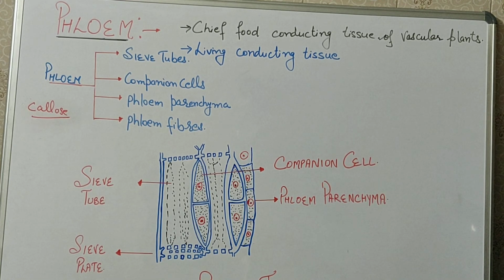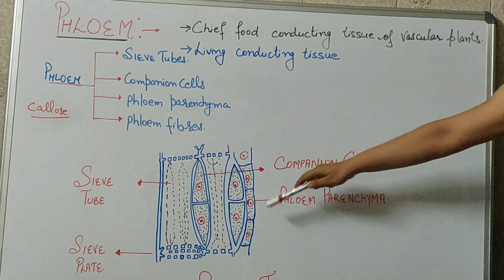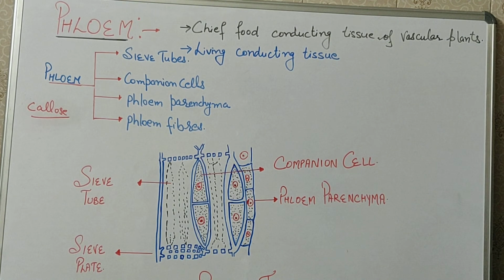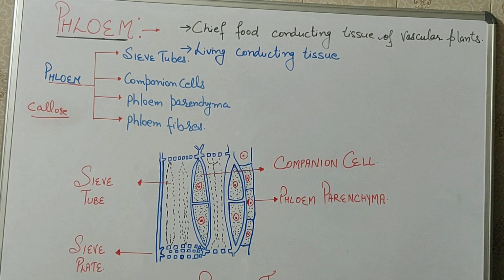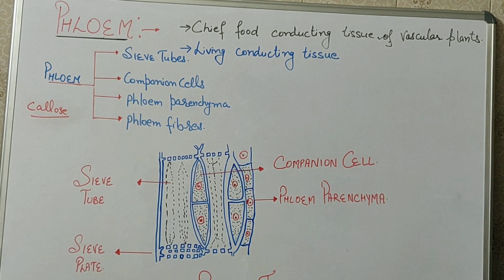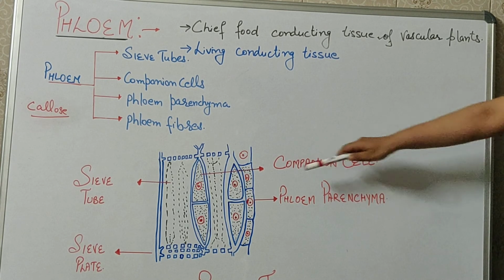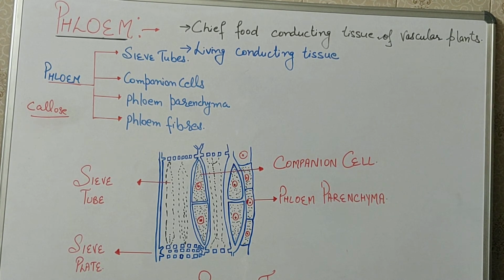They contain cytoplasm and nucleus. As you can see from the diagram, they also have cytoplasm and nucleus. Thus, they are known as living cells. They store food and may show the presence of crystals, tannins, latex, etc. Their function is storage of food, and sometimes they may store various crystals, tannins and latex.